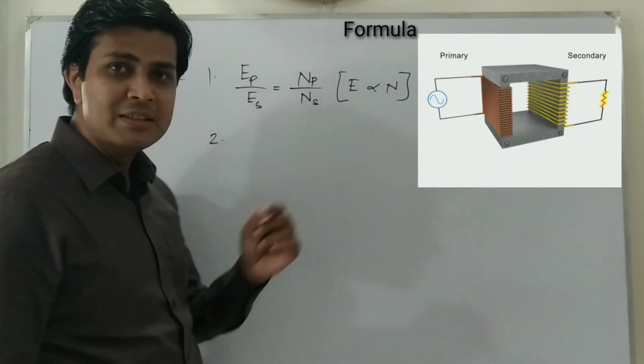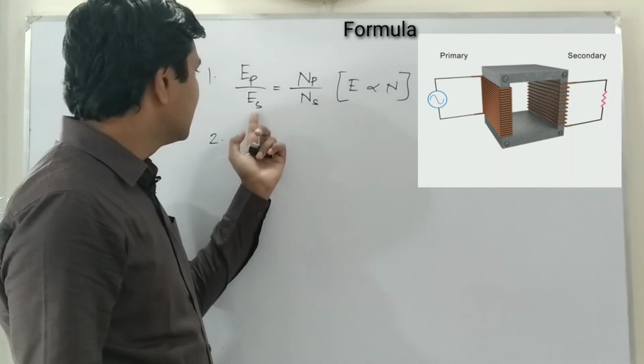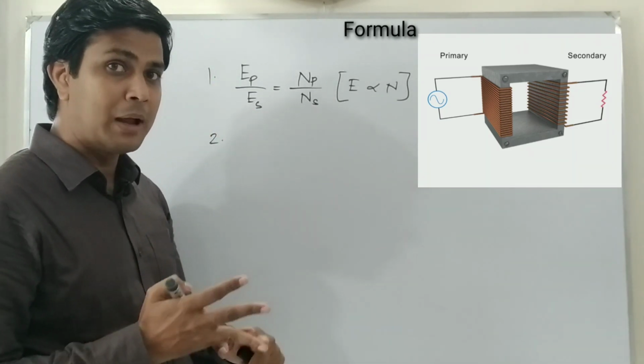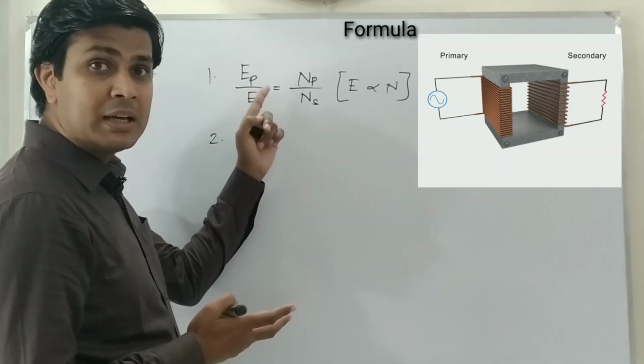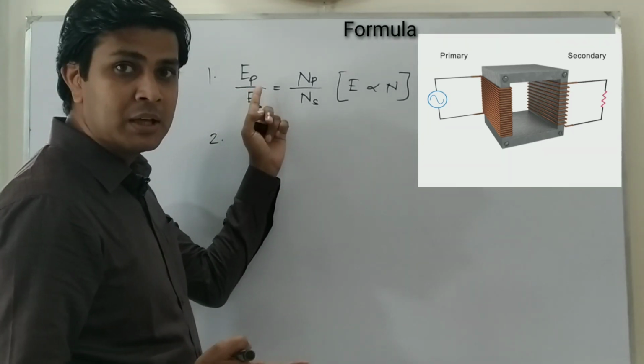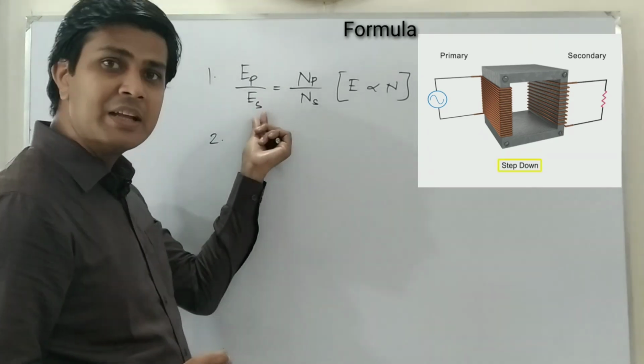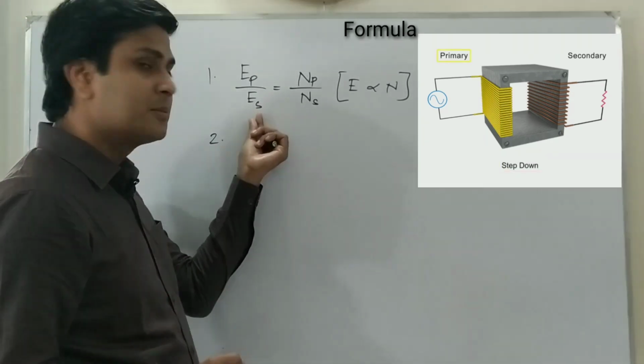Here EP is the voltage of the primary coil, ES is the voltage of the secondary coil. We also use VP instead of EP, and VS instead of ES.